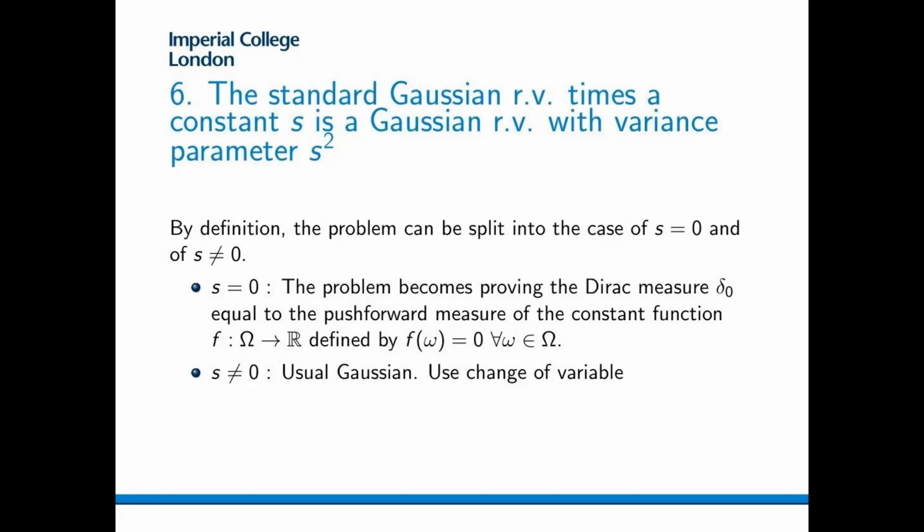The first is that if the variance parameter equals 0, then it's a Dirac measure, and if the variance parameter is non-zero, then it's just a usual Gaussian, the measure whose Radon-Nikodym derivative is a Gaussian function. That's it.